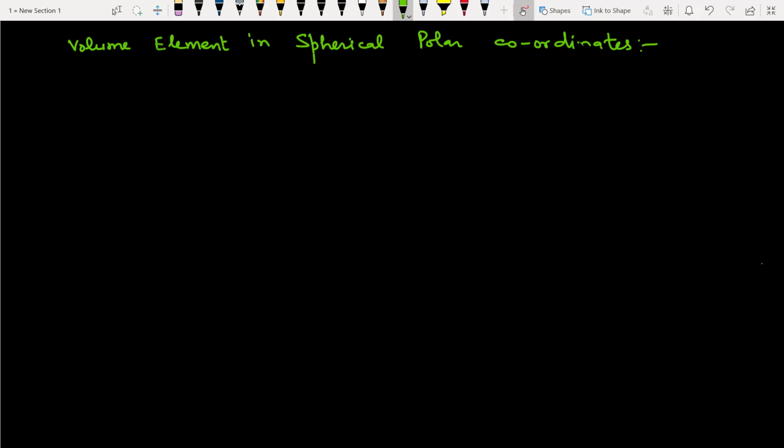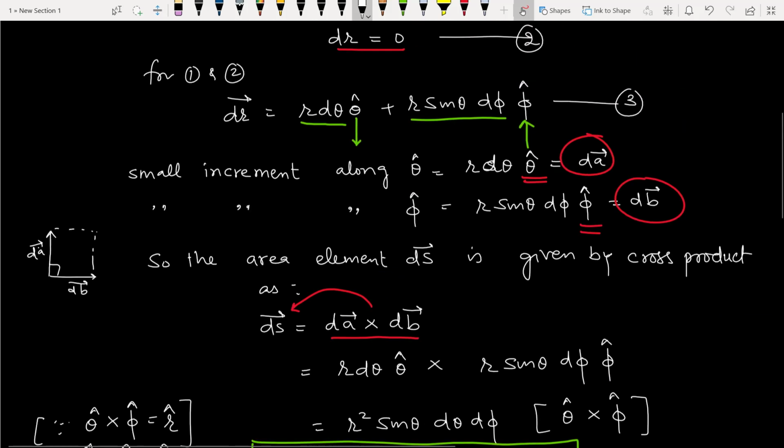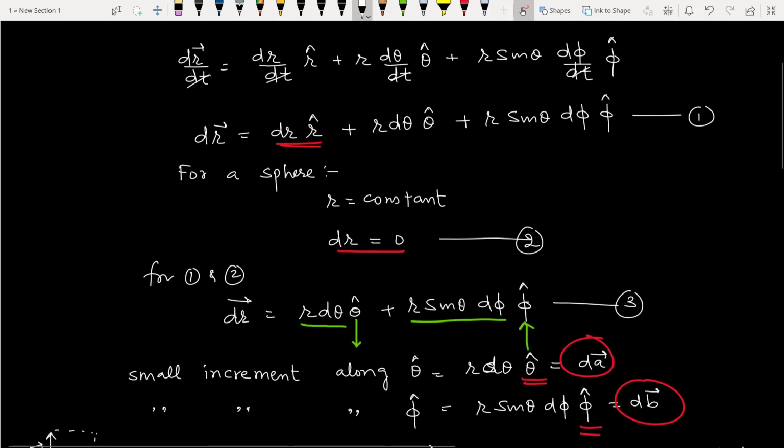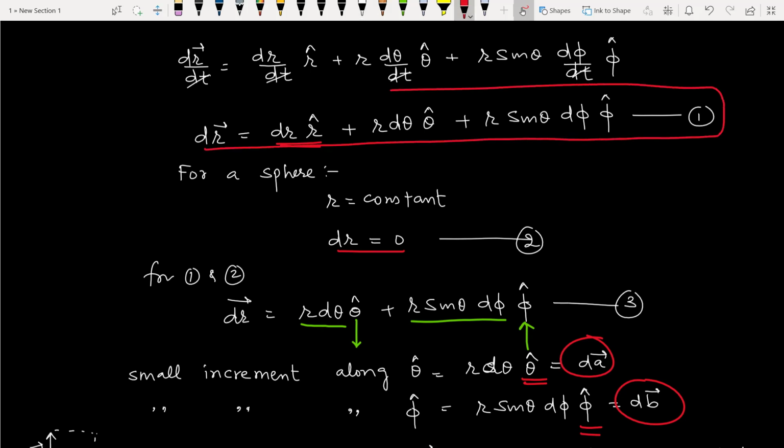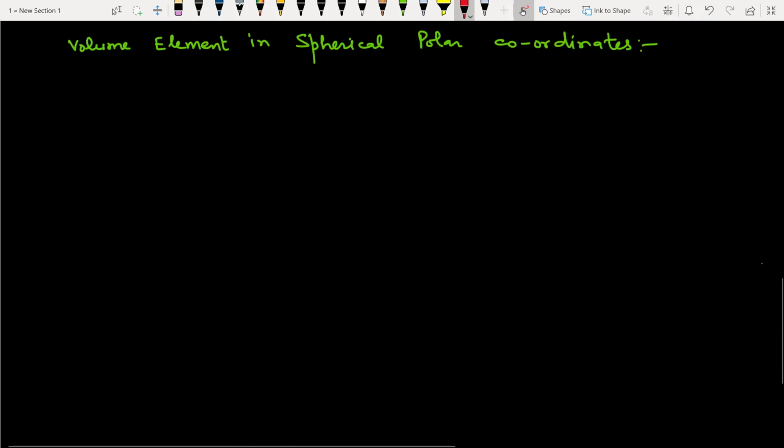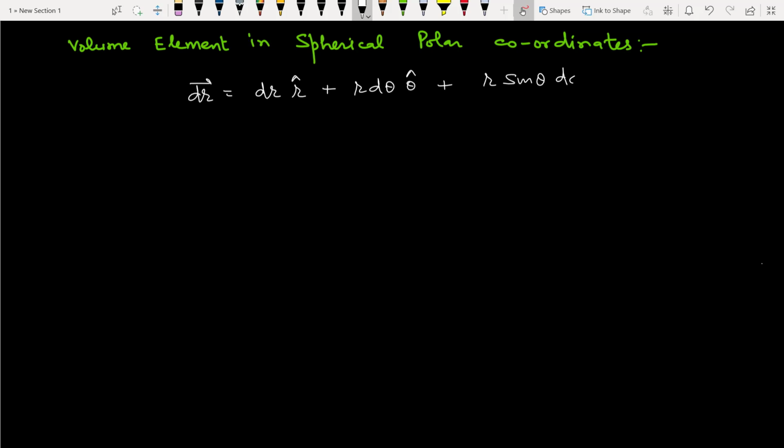Our next part is the volume element in spherical polar coordinates. As equation number 1 in the previous article, we write it again: dr vector is equal to dr r cap, r d theta theta cap, r sin theta d phi phi cap.